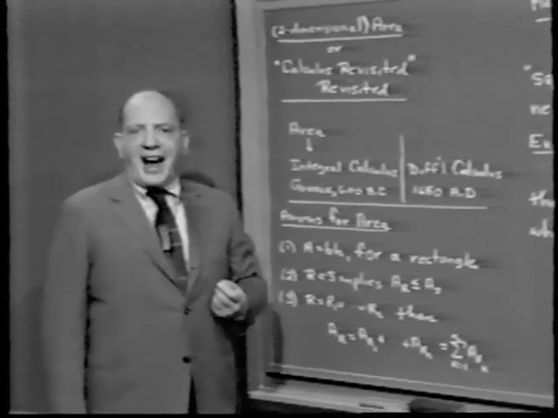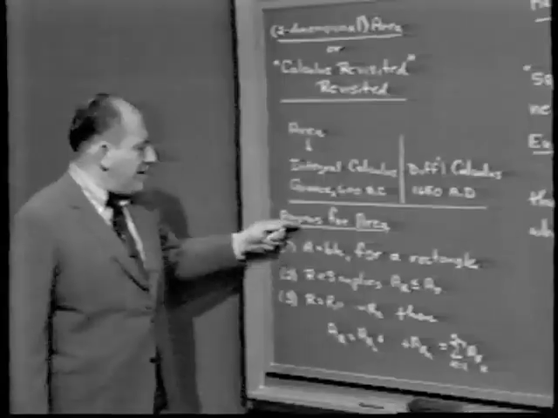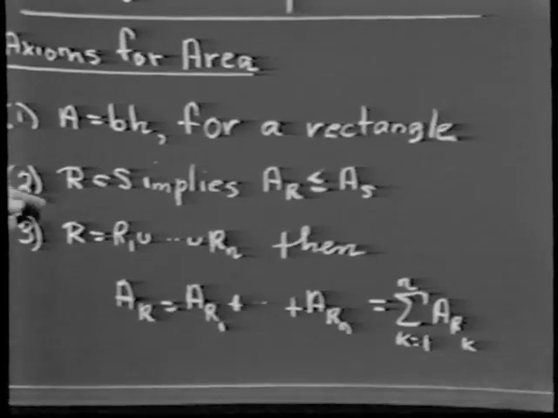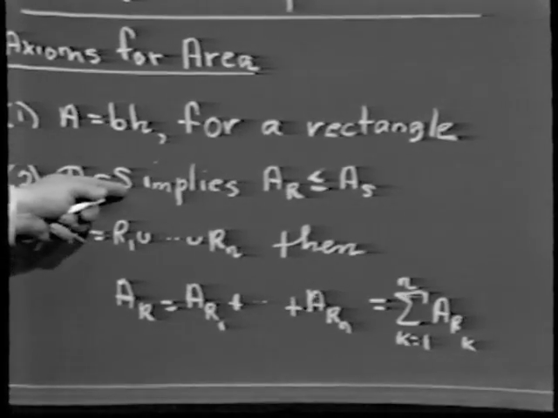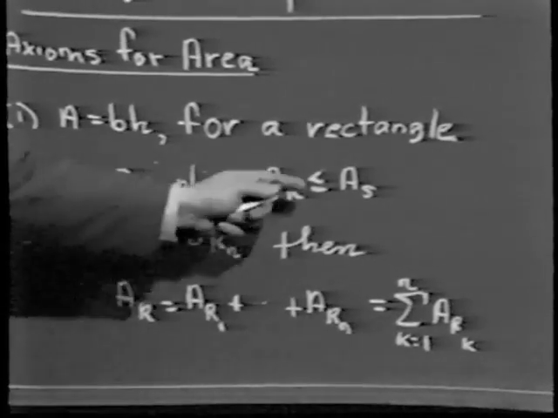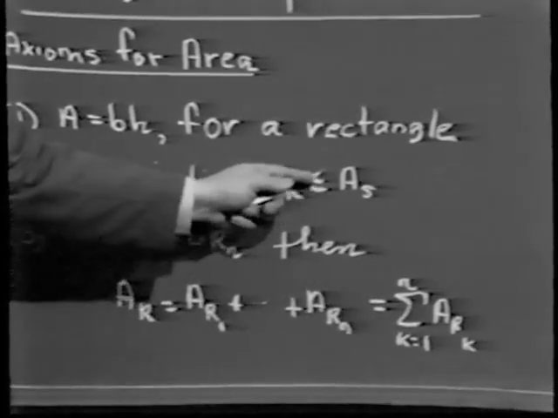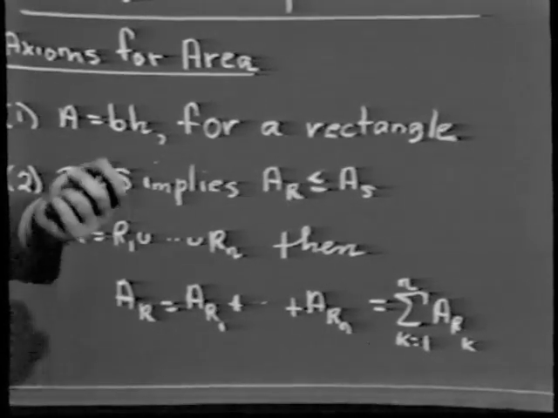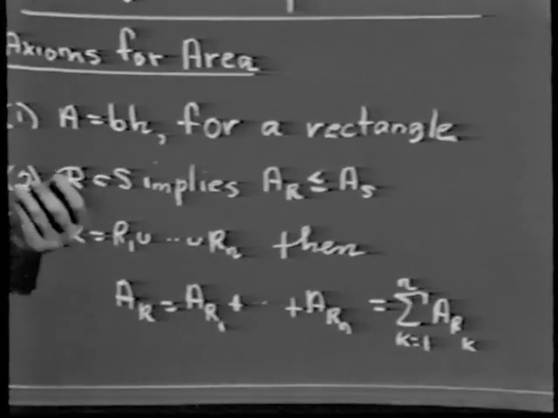We'll call these the axioms for area, and simply stated they were the following. One, the area of a rectangle is the base times the height. Two, if one region is contained within another, the area of the contained region is less than or equal to, in other words, can be no greater than that of the containing region. Roughly speaking, the smaller the region, the smaller its area.